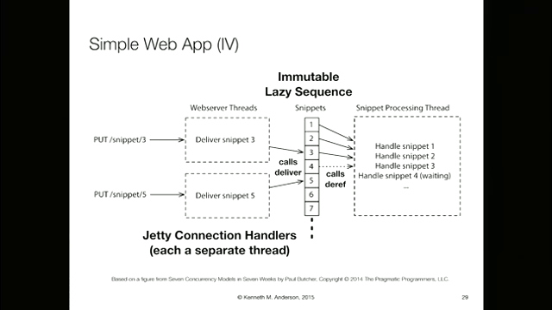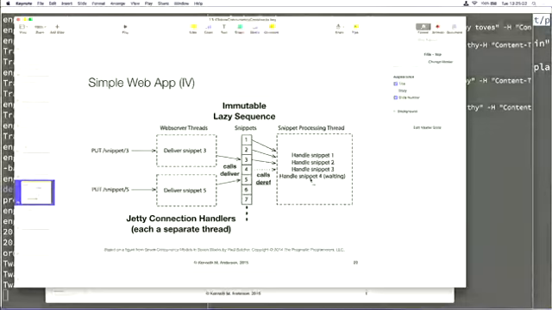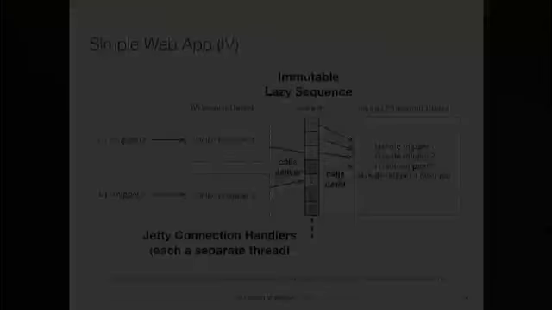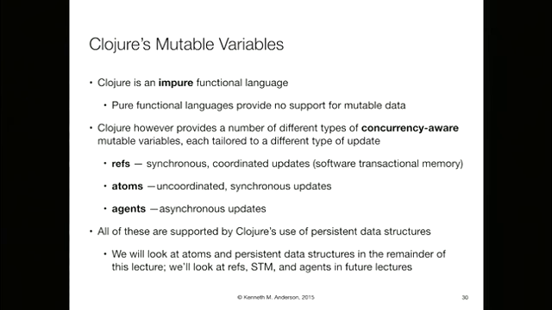So where you can get things that change over time is actually a great segue into what we're talking about as the last thing. Clojure does have something known as a mutable variable, and they call them refs, atoms, and agents. Some programs, we acknowledge, need variables that change over time.